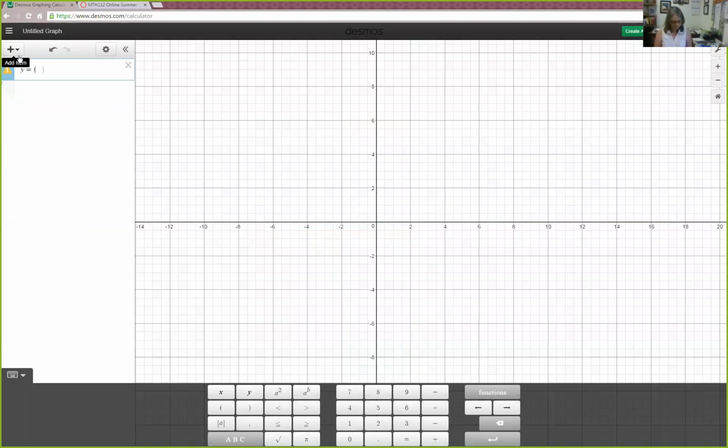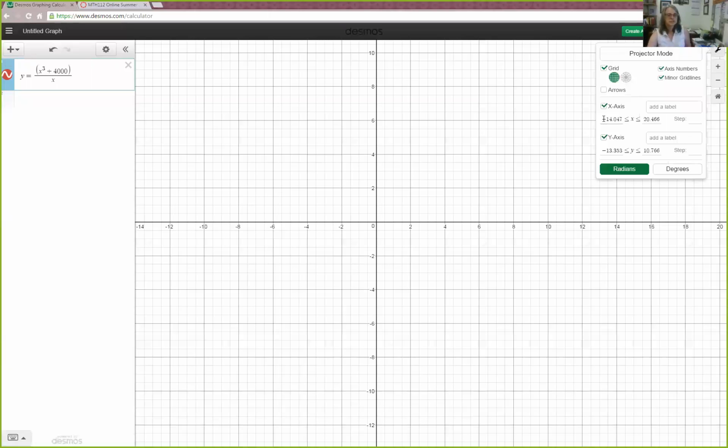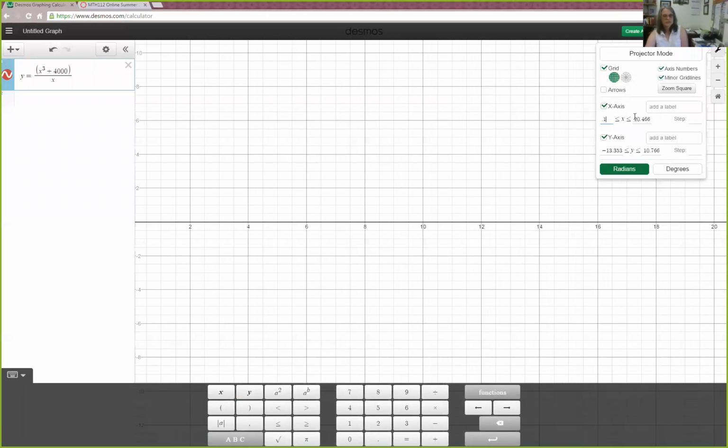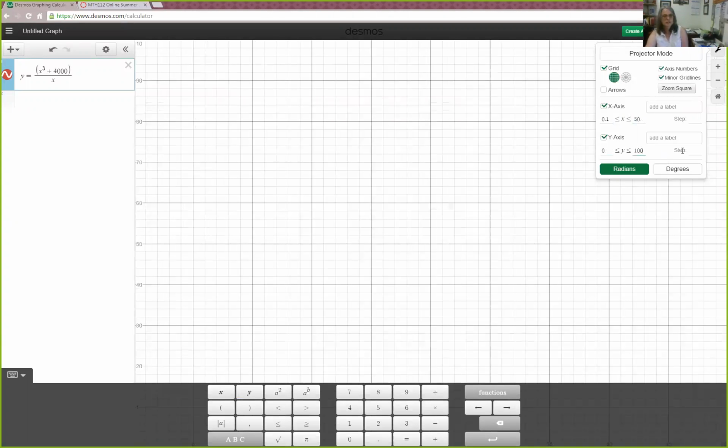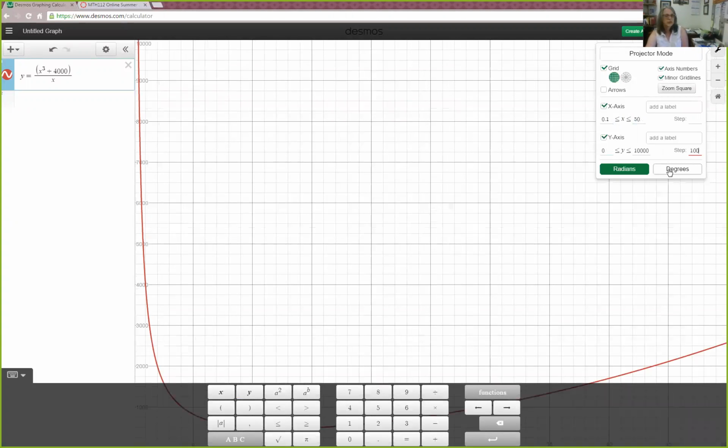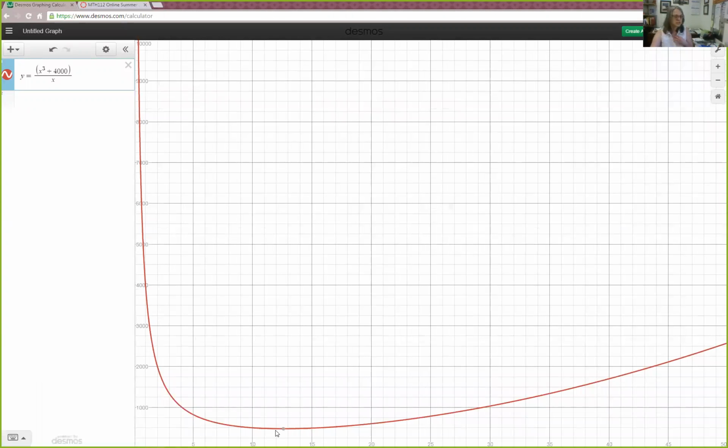y equals x to the third plus 4,000 divided by x. Same settings. We'll go from -1 to 50, and from 0 to 10,000, and step by thousands. And we can see the minimum is at about x equals 12.6, well, 12.60.